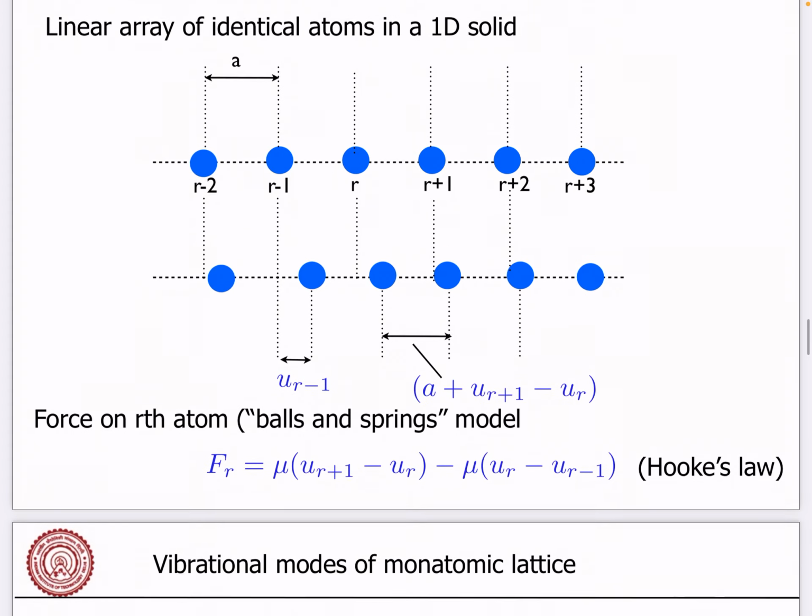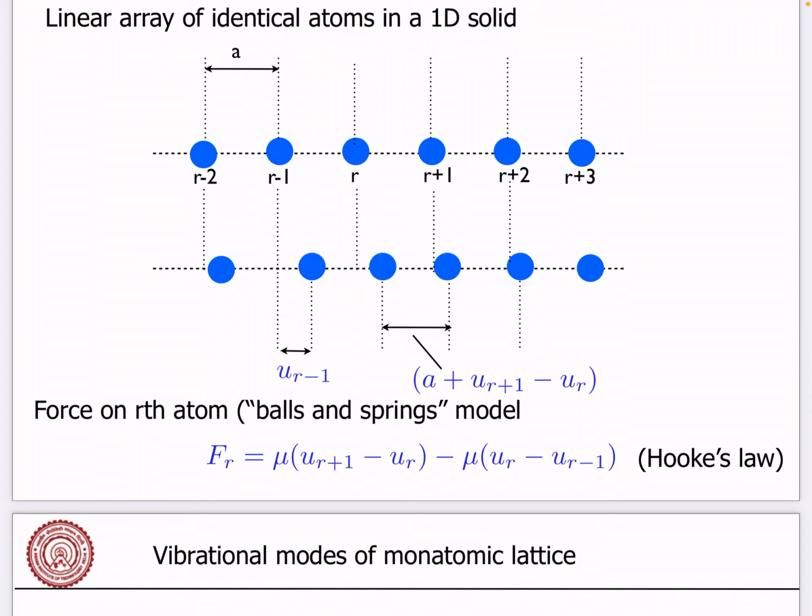Therefore the relative displacement between the rth and r plus 1th atom is given by a plus u r plus 1 minus u r, where a is the lattice constant, and u r plus 1 minus u r is the relative displacement that has taken place between these two atoms because of this small vibration about the mean position.